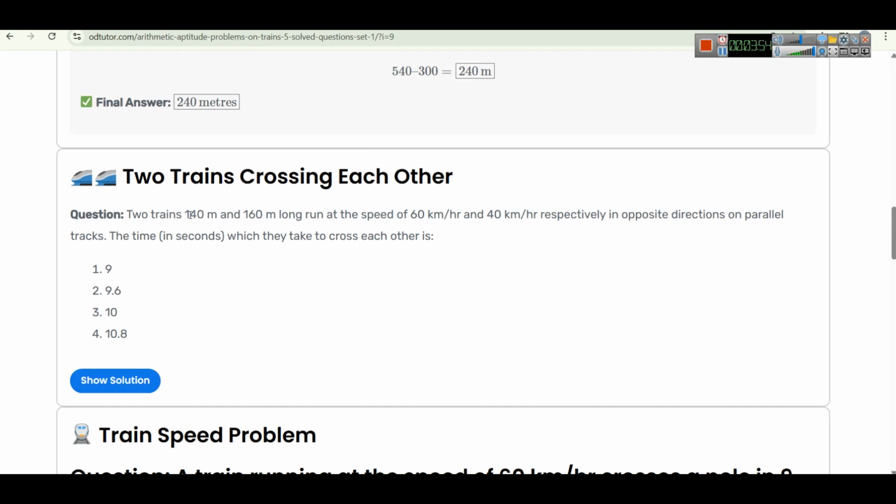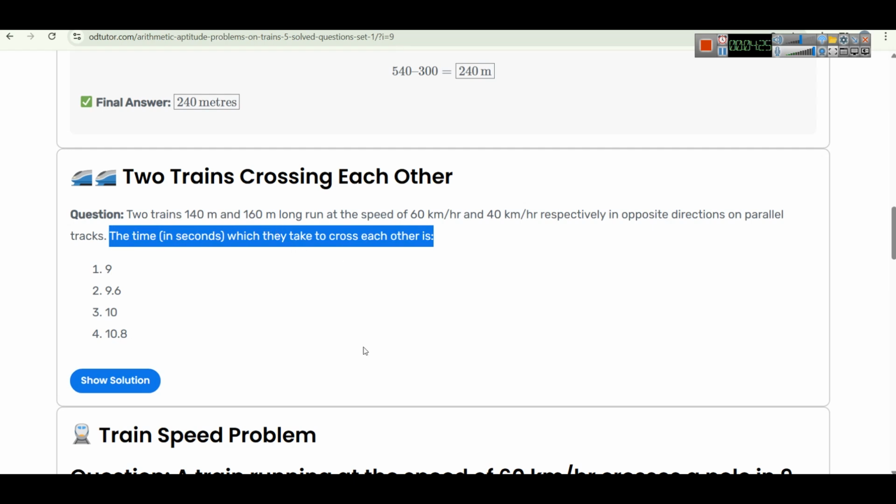Two trains, one 140 meter long and one 160 meter long, run at speeds of 60 kilometer per hour and 40 kilometer per hour respectively in opposite directions on parallel tracks. The time in seconds in which they cross each other is 9 seconds, 9.6, 10 or 10.8.